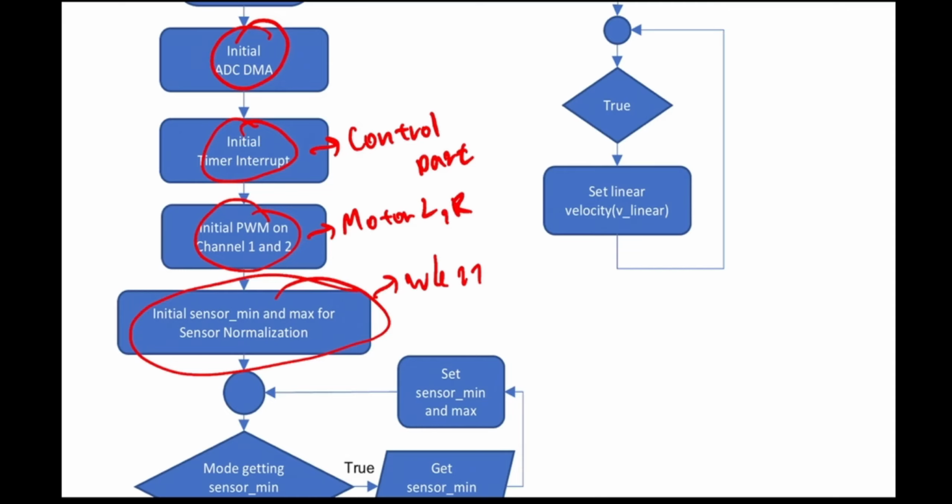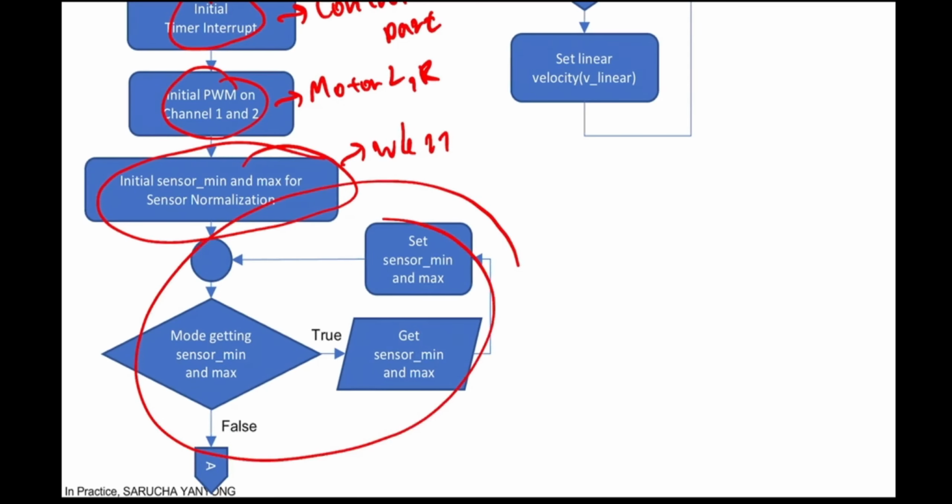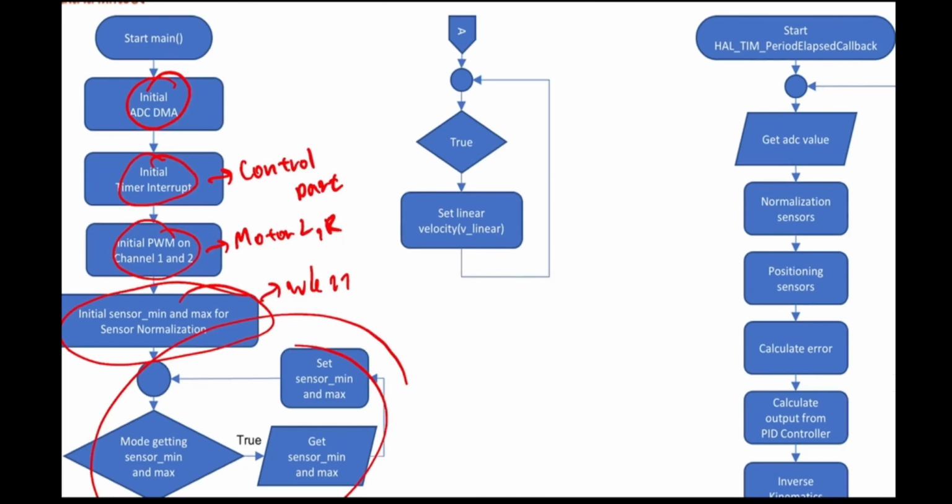This is a loop that you have to do to get the sensor min and max, to get the value of the sensor and keep it in the variables sensor min and sensor max, because you have to use them when you normalize the sensor. We need the minimum value and also the maximum value of the sensor. This is what you learned maybe in week 10.